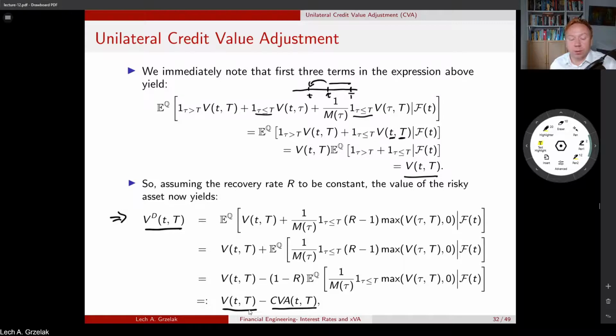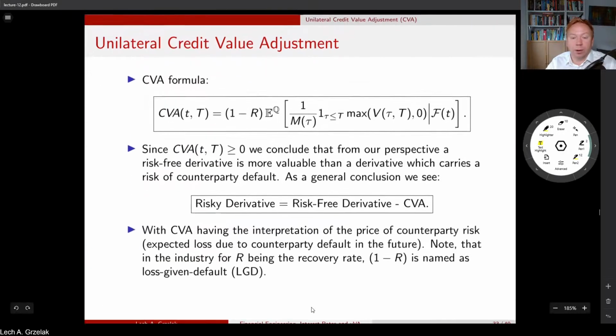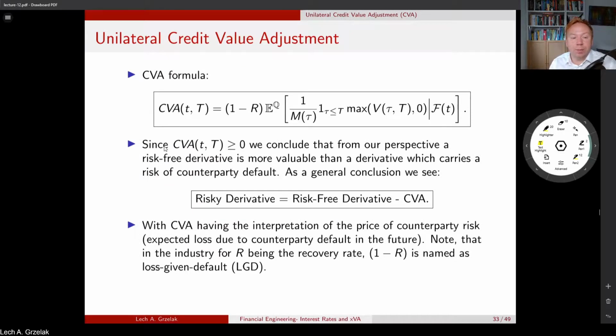So this means that the risky derivative is always cheaper than the risk-free derivative. This risk premium, the CVA adjustment, the default adjustment, essentially makes this equation work. So we always see this adjustment corresponds to the credit value adjustment associated with the default probability of a counterparty. So this is the summary.